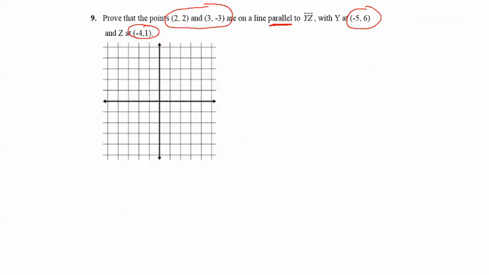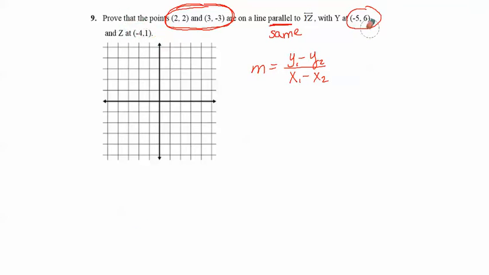But making the drawing doesn't really prove that the lines are parallel. We have to do some math to do that. We know that parallel needs to mean same slope. So I can use my slope formula, y minus y over x minus x, to figure out the slope of the first two sets of points.